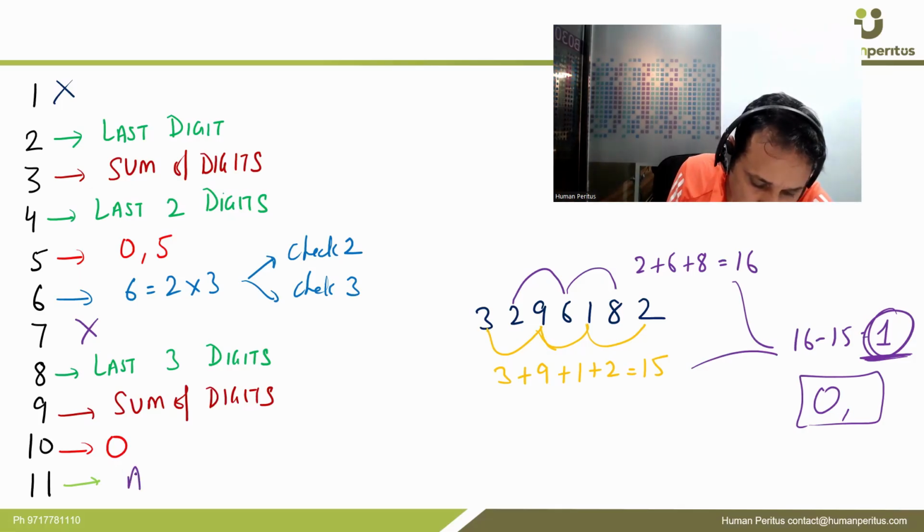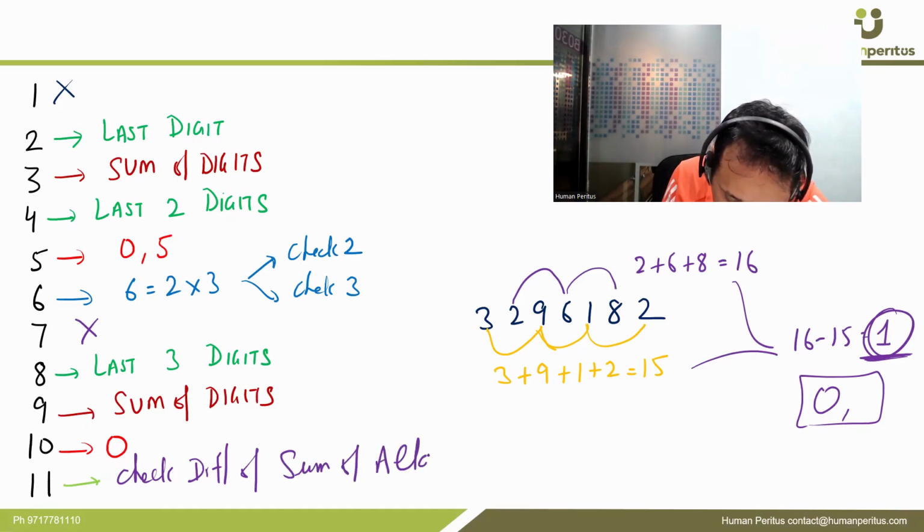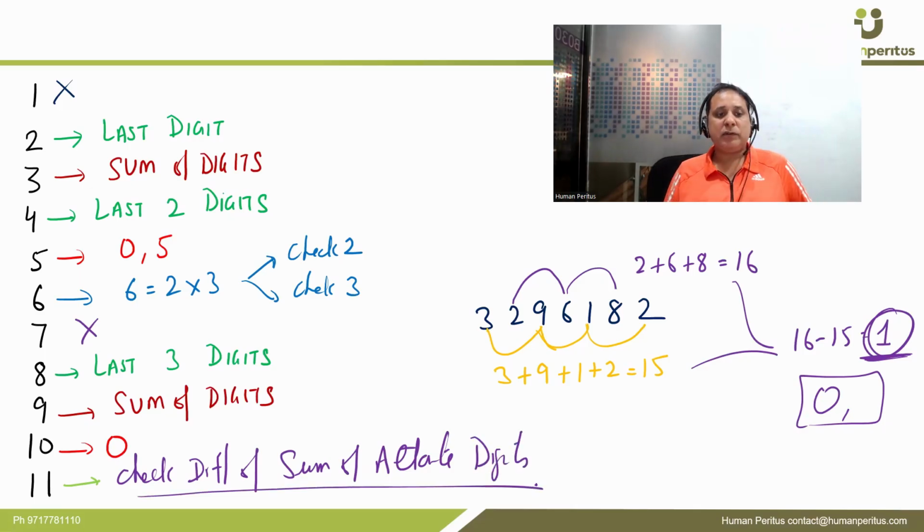So how do we write it? We check the difference of the sum of alternate digits, and it should give us 0 or a multiple of 11.